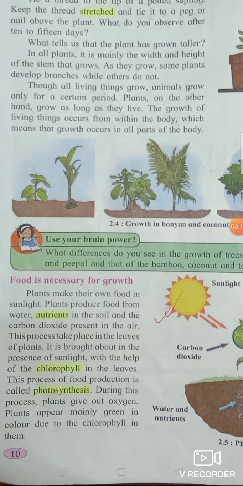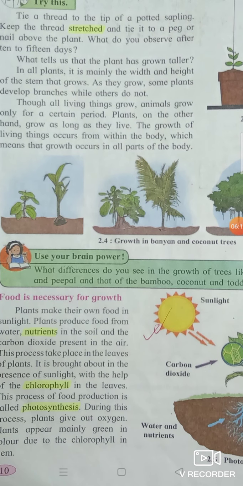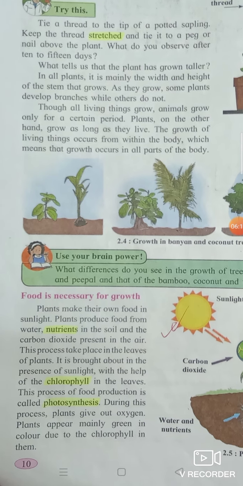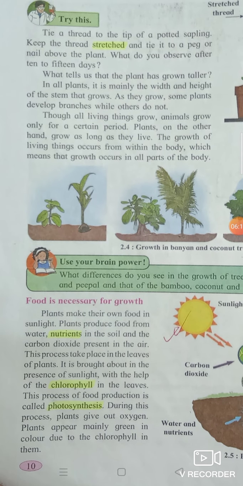What do you mean by chlorophyll? Chlorophyll means a green pigment present in all green plants to provide energy for photosynthesis. Is that clear? What is the meaning of chlorophyll? I again tell you that chlorophyll means a green pigment present in all green plants to provide energy for photosynthesis.